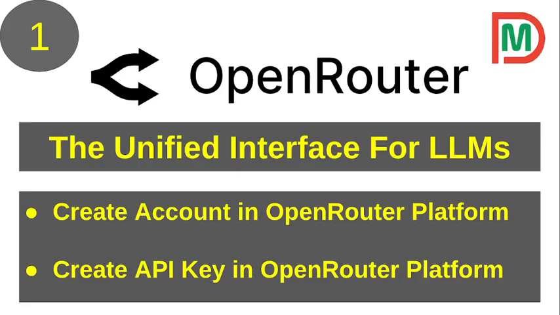So for example, if you want to build a prototype and initially you don't want to spend money, right? Either you can go for the open source models, which are available through Ollama or similar platforms, to host the open source model on your local machine if you have good infrastructure or a good laptop.